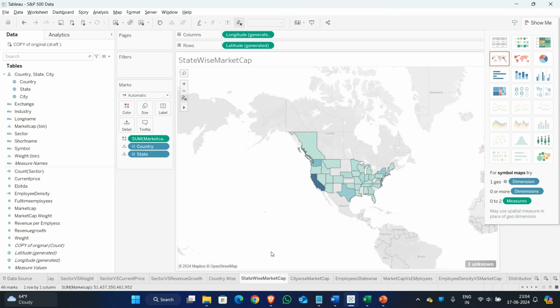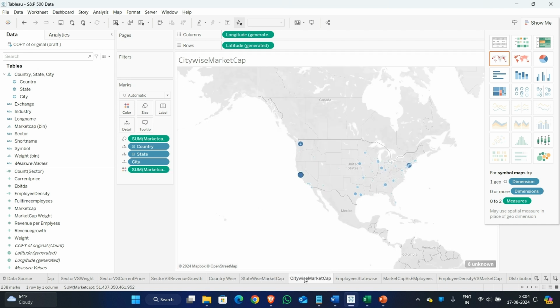And now the visualization of state-wise market cap. California state is dominating in this region compared to any other locations.